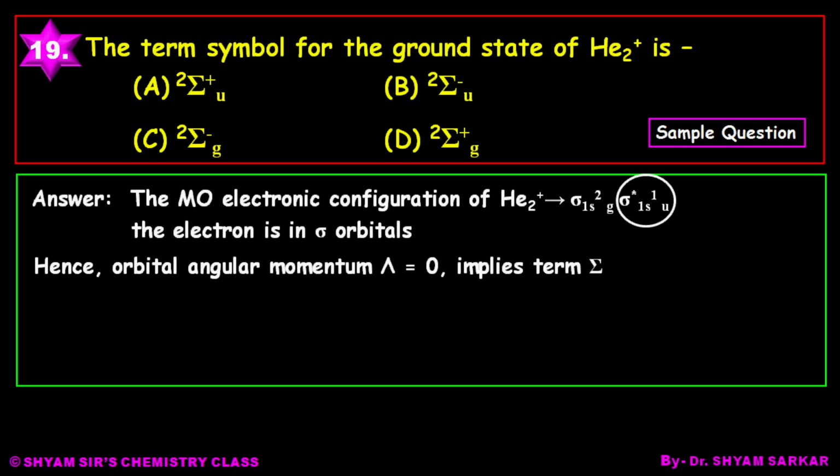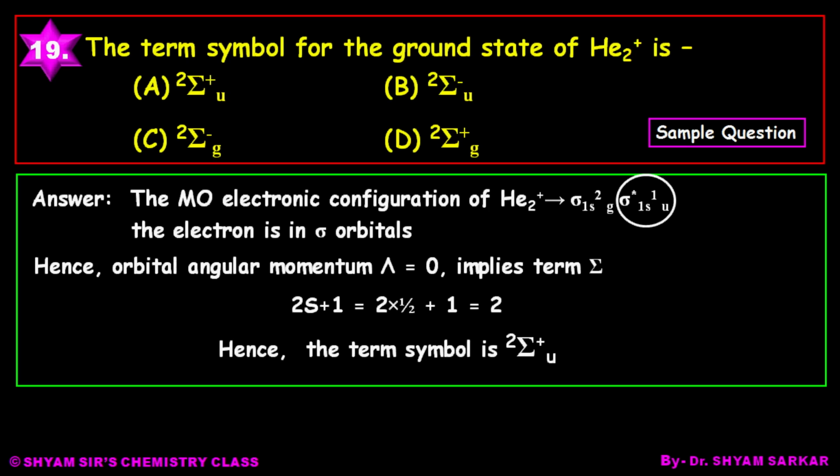Now spin multiplicity is 2S plus 1, where S equal to half, so 2S plus 1 equal to 2. So the term symbol will be 2 sigma plus u, because u is the ungerade symmetry for sigma star orbitals, and plus is used when the electron is in the sigma orbital.